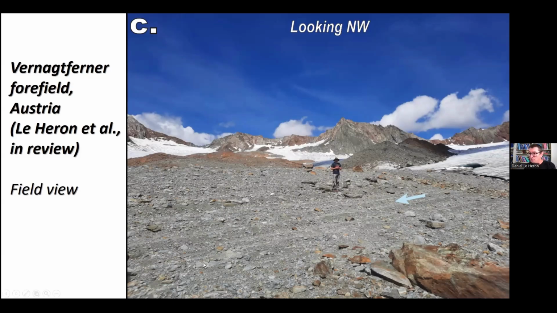So that's important. What we see also is that all of this material is unsorted. We see a diamict. That means an unsorted sediment, big boulders, there's clay in there. There doesn't seem to be any systematic organization to the deposits. Okay, that's an important observation from these modern forefields.